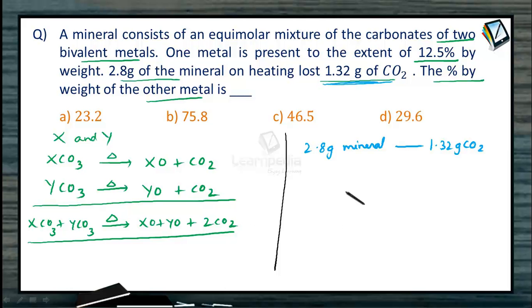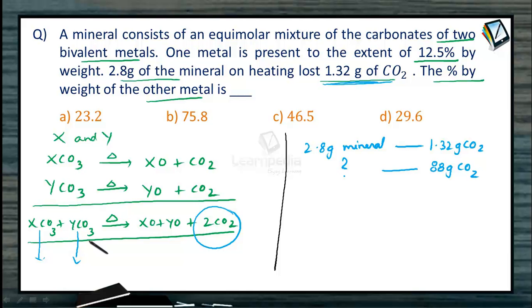Now, if we consider 2 moles of carbon dioxide, meaning 88 grams of carbon dioxide, how much quantity of mineral do we need to take? It is nothing but 1 mole of this carbonate and 1 mole of this carbonate. And what is that? When we express it in terms of mass, it is the molecular mass of XCO3 plus the molecular mass of YCO3.